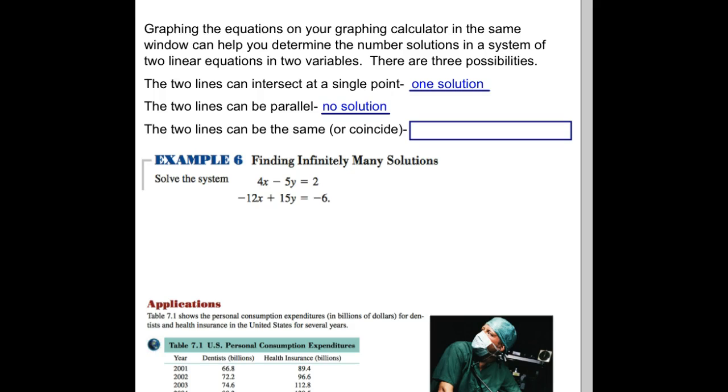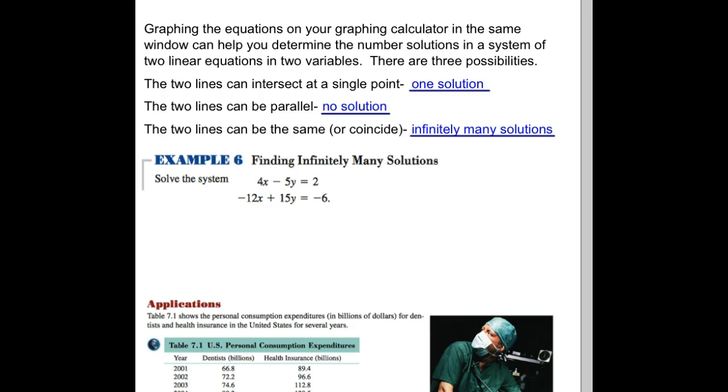What's the third case? Infinitely many solutions, right? This is the case where we have 2 lines that are actually the same, 2 equations that are the same line. All right, we say the lines coincide and we get infinitely many solutions.